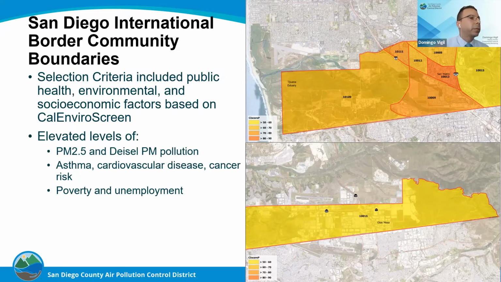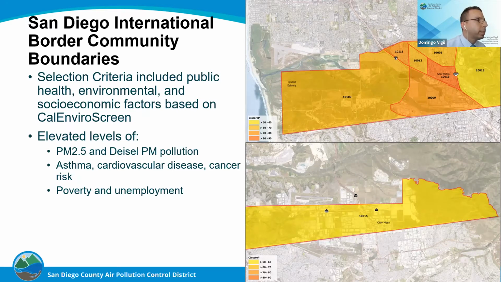CalEnviroScreen uses environmental, health, and socioeconomic information to produce a numerical score for each census tract in the state. The criteria used by this screening tool include levels of diesel pollution, rates of emergency room visits for asthma symptoms, and levels of poverty, among others.